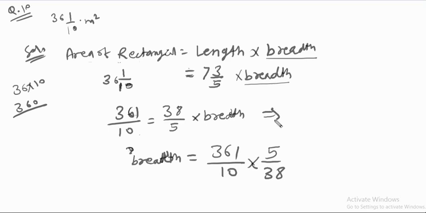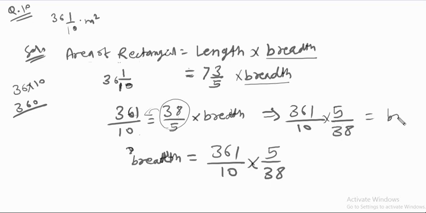If you do not understand it, then you can see here 361 upon 10. If we transfer this portion to this side of the equal sign, then it will become cross multiply, means 5 will come up and 38 will go down. It will equal the breadth, right? We can write it this way.